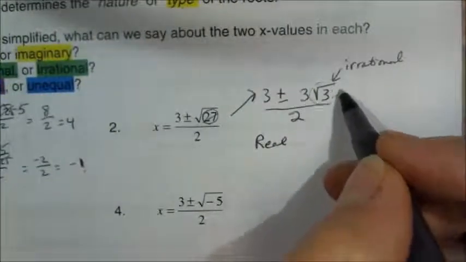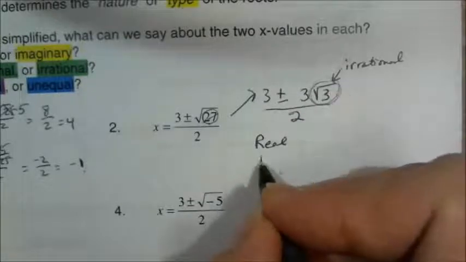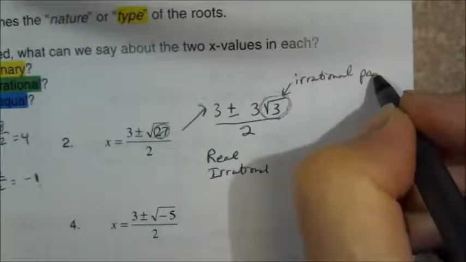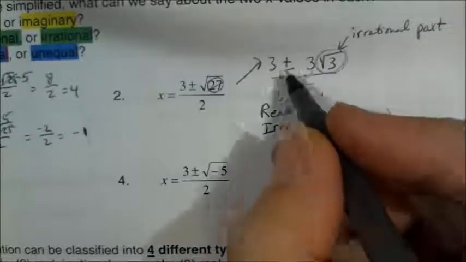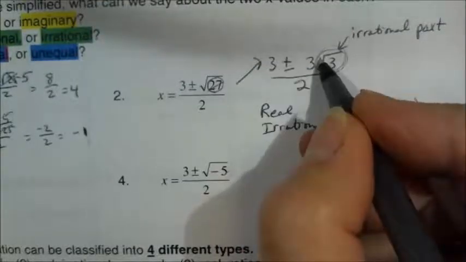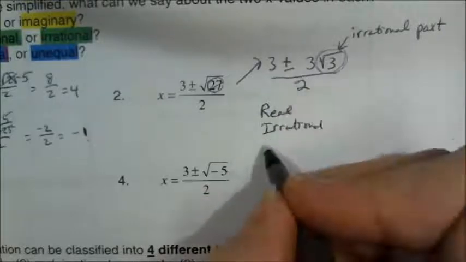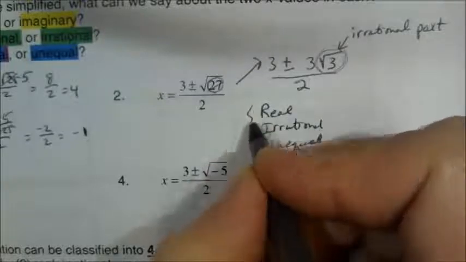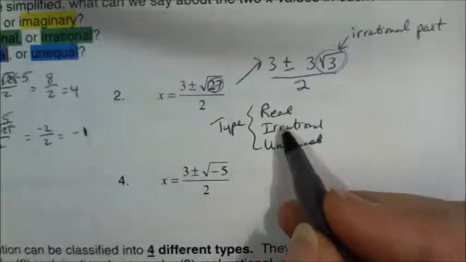And these two numbers, 3 plus 3 square root of 3 over 2, is not equal to 3 minus, so they are unequal. So these are the type of roots that question number 2 would have: real, irrational, and unequal.